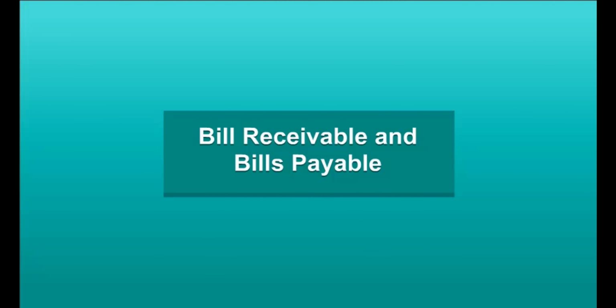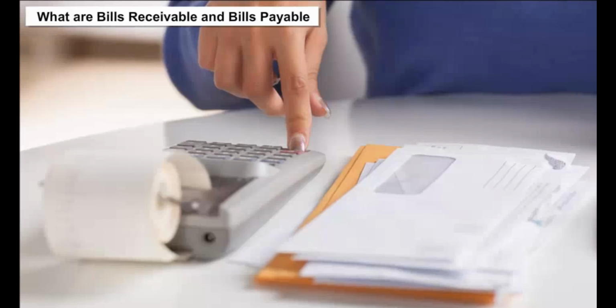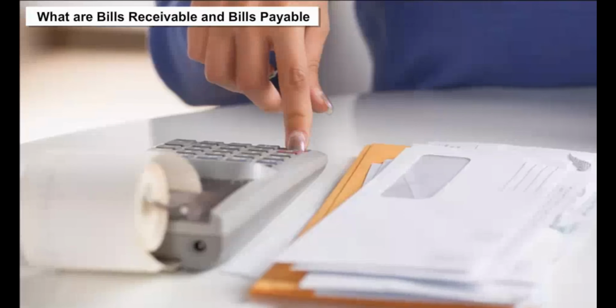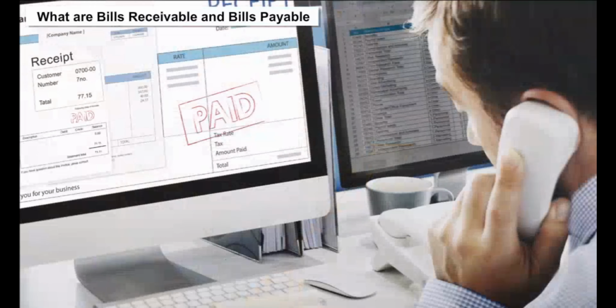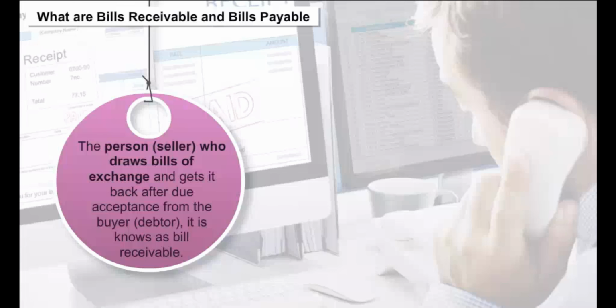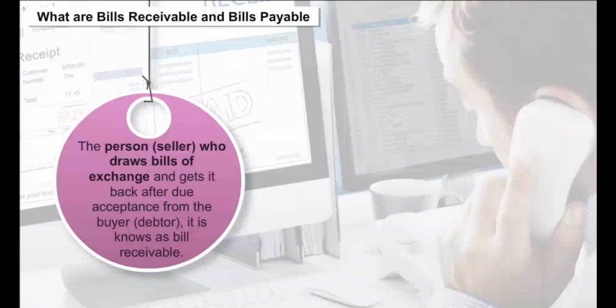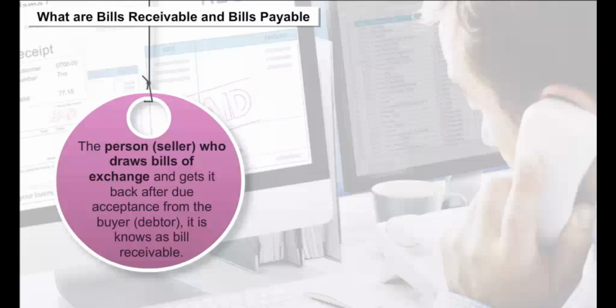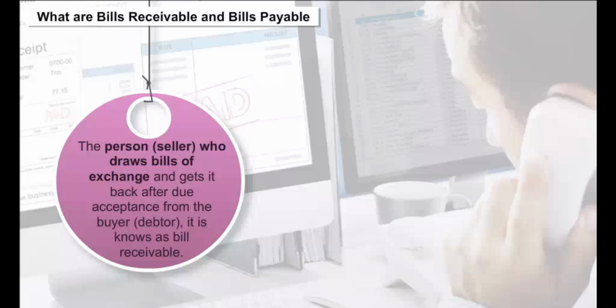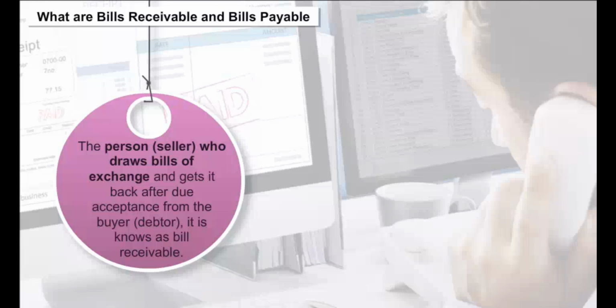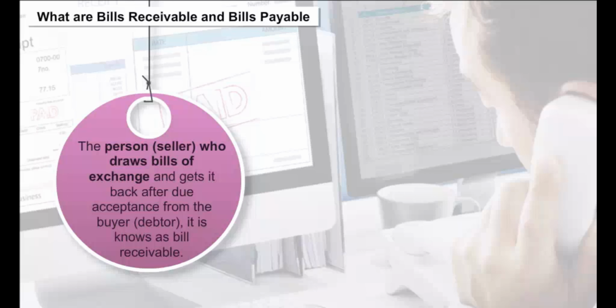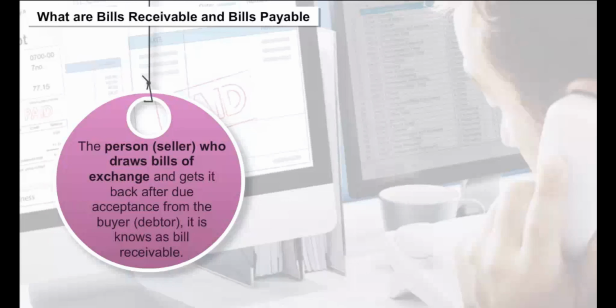Bills receivable and bills payable. What are bills receivable and bills payable? Bills receivable. The person, that is the seller, who draws the bill of exchange and gets it back after due acceptance from the buyer, that is the debtor, holds a bill receivable.